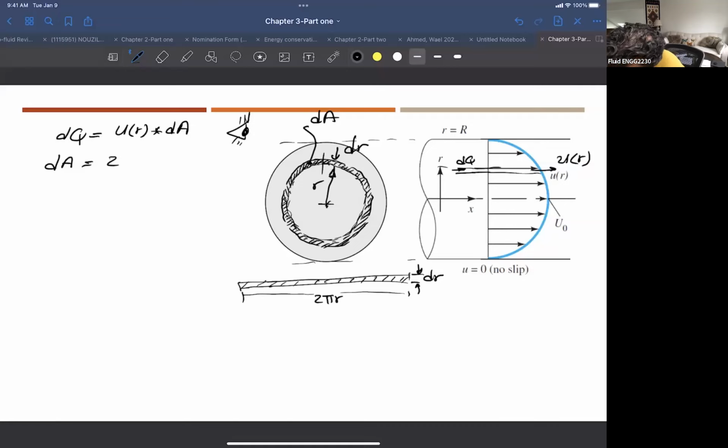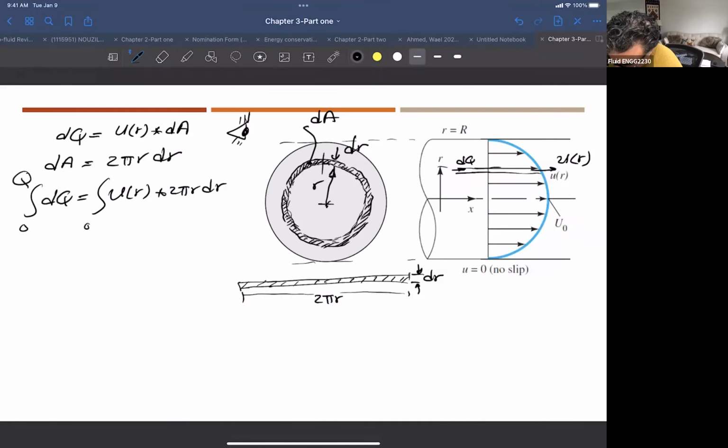So dA here is 2 pi r dr. So dq will be basically u of r times 2 pi r dr. If you need to find the total q, you just need to integrate from 0 to capital R, which is this R here, so you just need to go over the whole area.